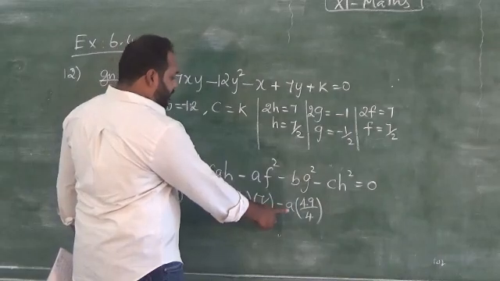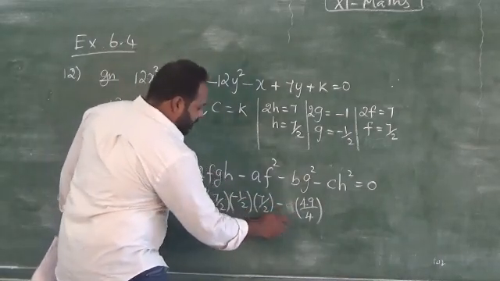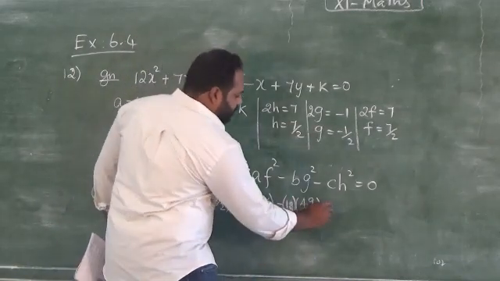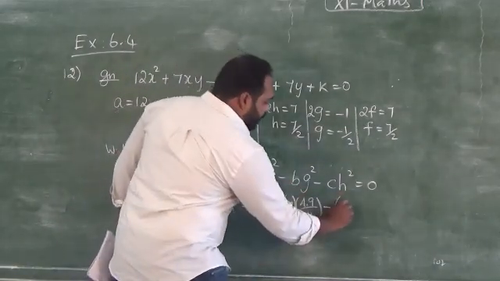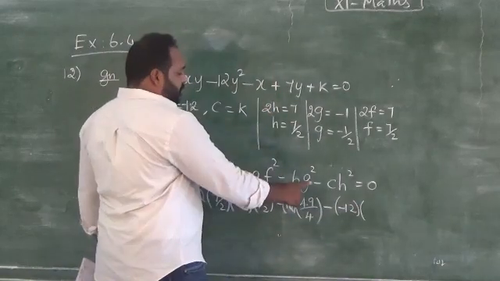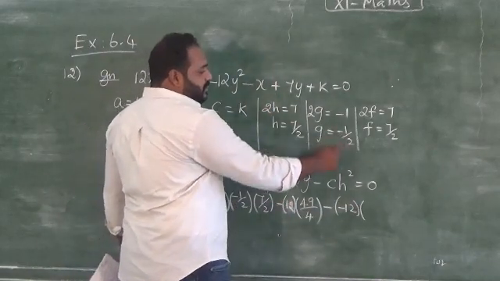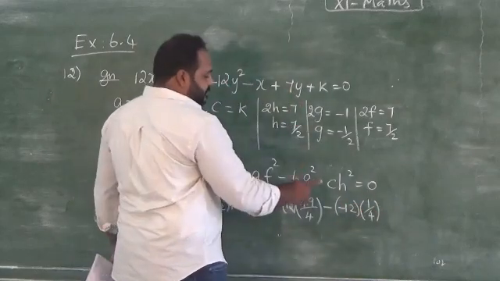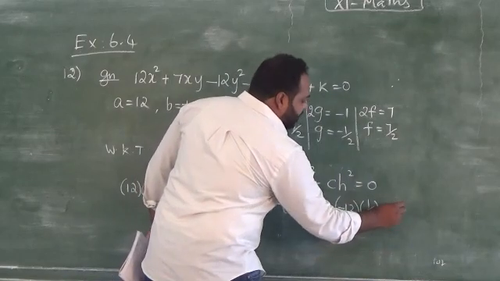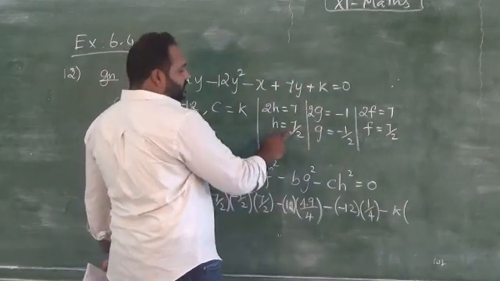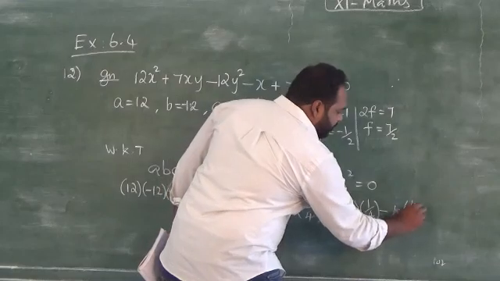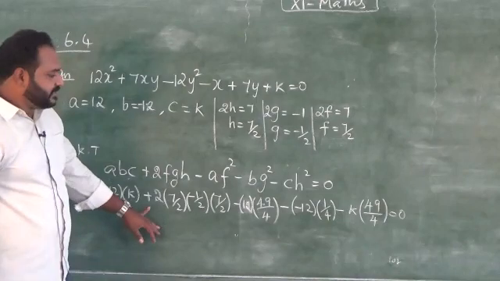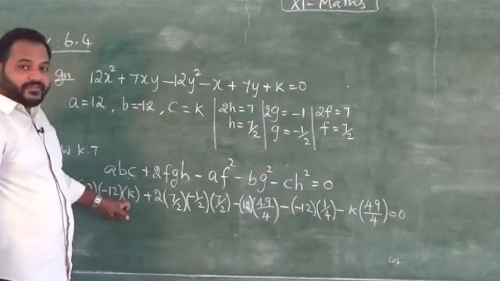The A value is 12. Next minus B into G square: B is minus 12, and G square is minus 1 by 2 squared, which is 1 by 4. Next minus C, C value is k, into H square, 7 by 2 square is 49 by 4, equal to 0. If you solve this equation, definitely we can get the value of k.